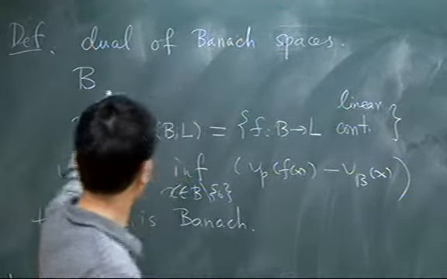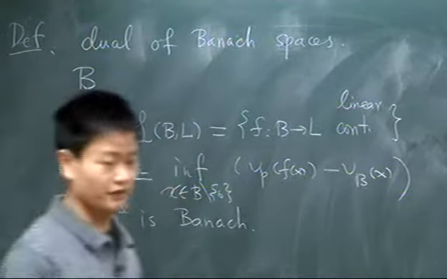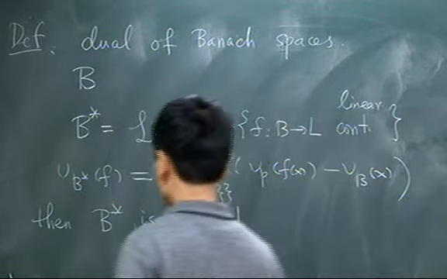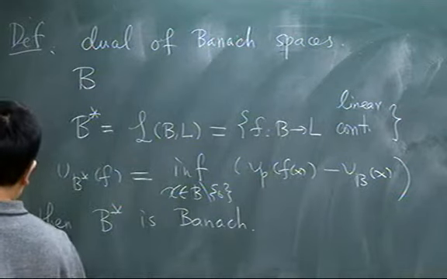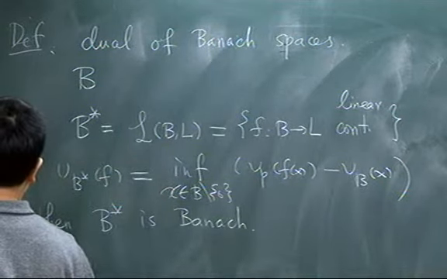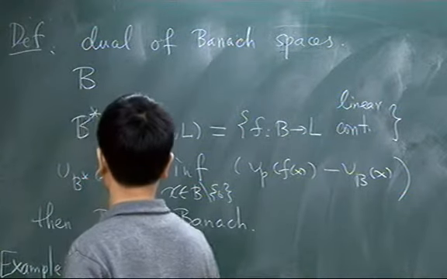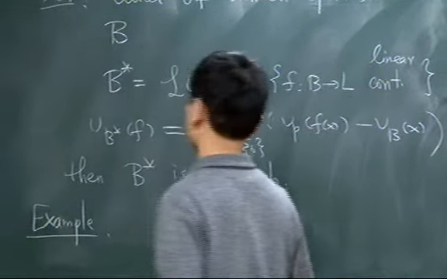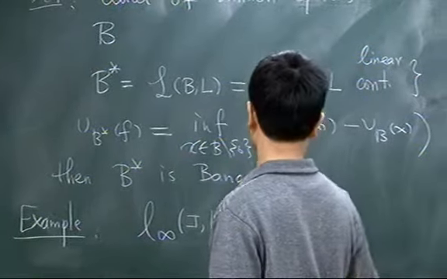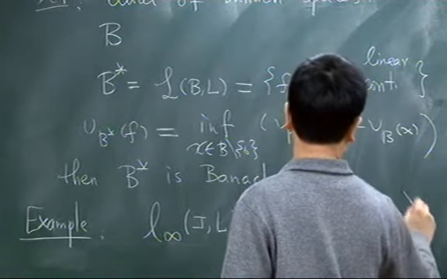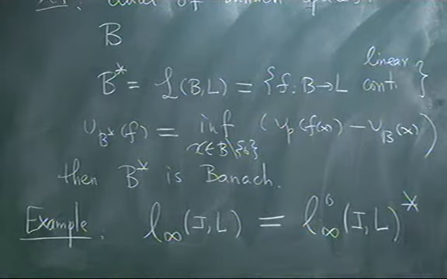If you give one, you can get the dual, because we need to use the dual. As an example, you can prove that l^∞(O_L) is nothing but the dual of l^∞_0(O_L), so you can take the dual and get this.